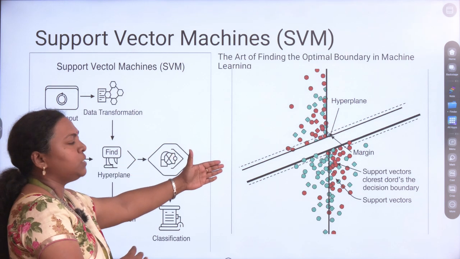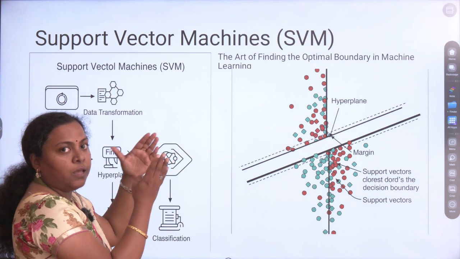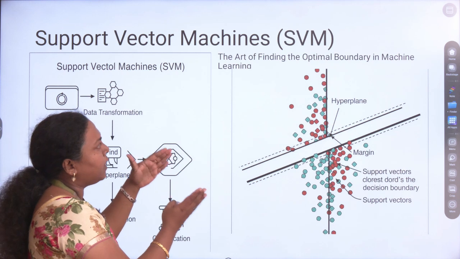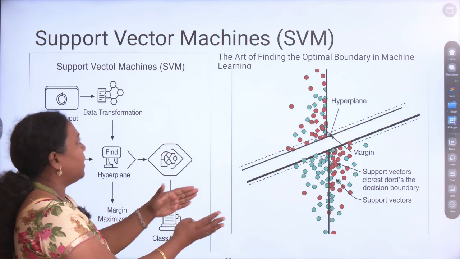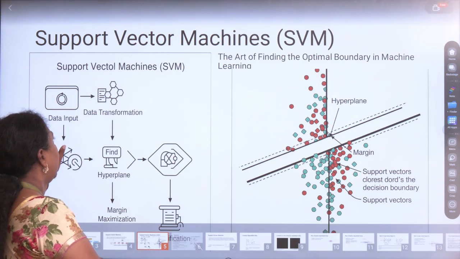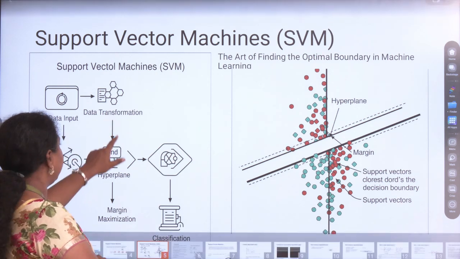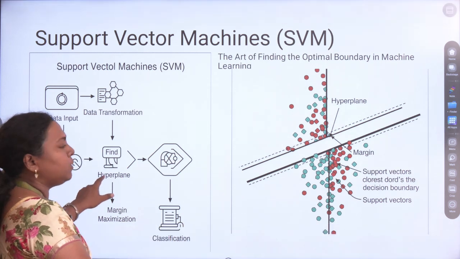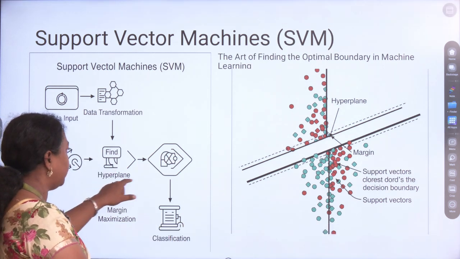So support vector machine is nothing but finding an optimal boundary to classify the objects. First we take the data input, then we transform the data, and then find the boundary with the help of a hyperplane.